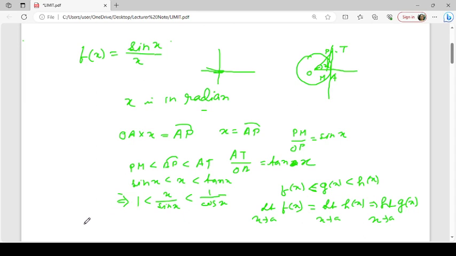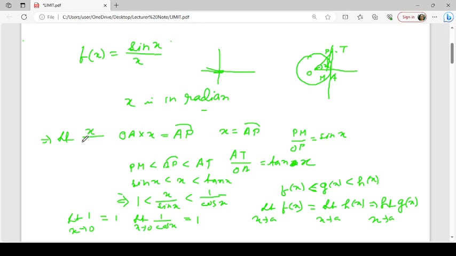So from this we have the limit of 1 as x tends to 0 is equal to 1. Then the limit of 1 by cos x as x tends to 0: x tends to 0 means cos x tends to 1, so this is equal to 1.